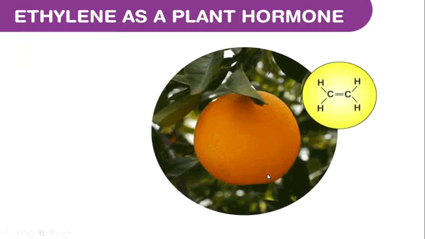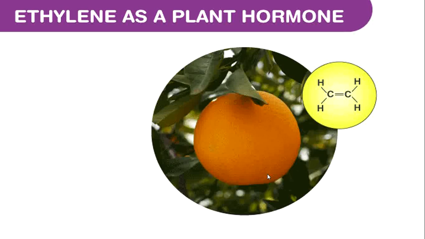Okay, now second, ethylene is a plant hormone. This hormone helps stimulate the ripening of fruit. Actually, ethylene is a gas that can be produced by fruits, seeds, flowers, and leaves. You might have heard someone say that one rotten apple spoils the whole barrel.